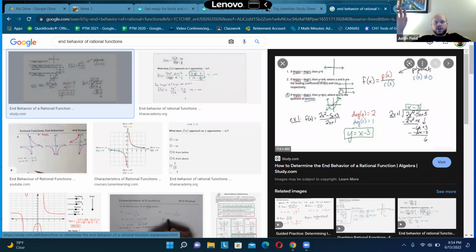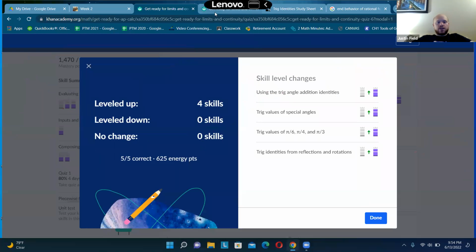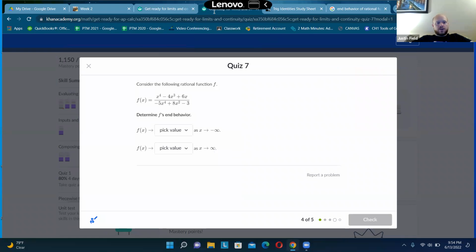It forms an oblique asymptote. And if the degree of P, the numerator, is greater than R, then you do polynomial division and the graph behaves like that. All right, so back to our problem.